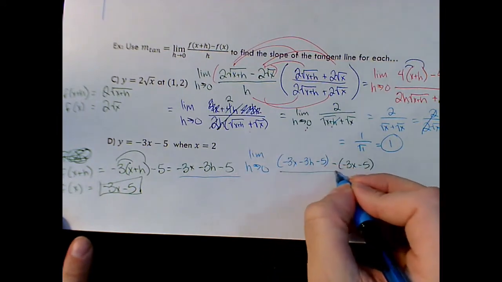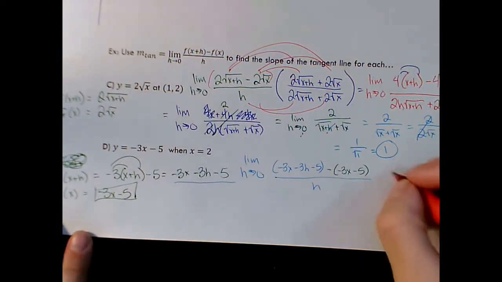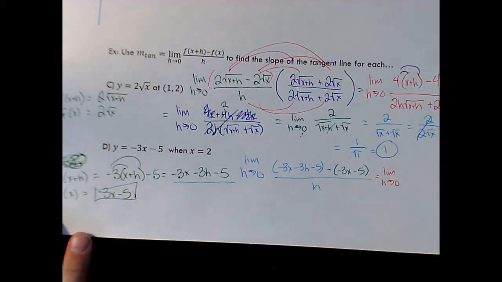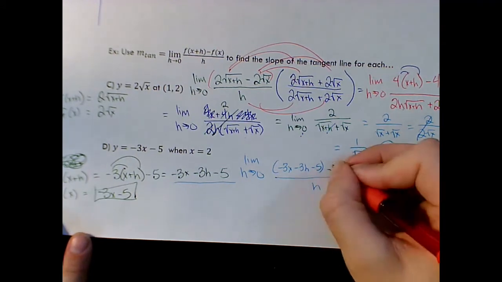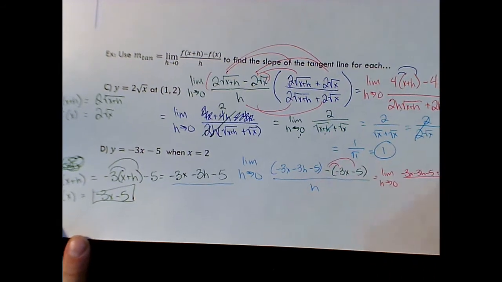That's going to be over h. Drop the parentheses in the first one. Negative 3x minus 3h minus 5, minus negative 3x is plus 3x. Minus negative 5 is plus 5. All over h.